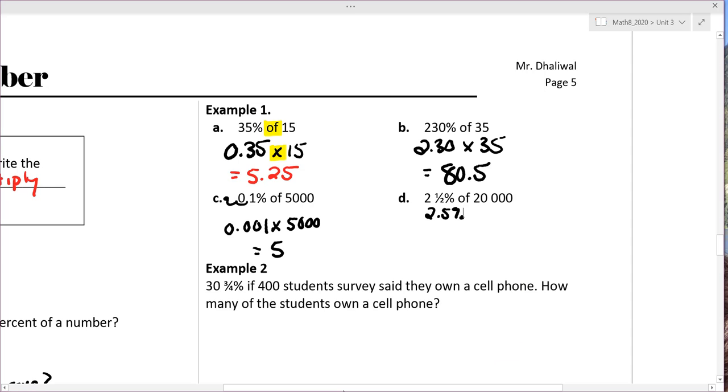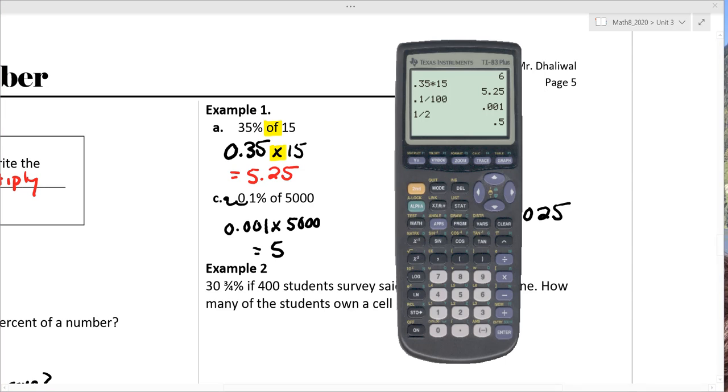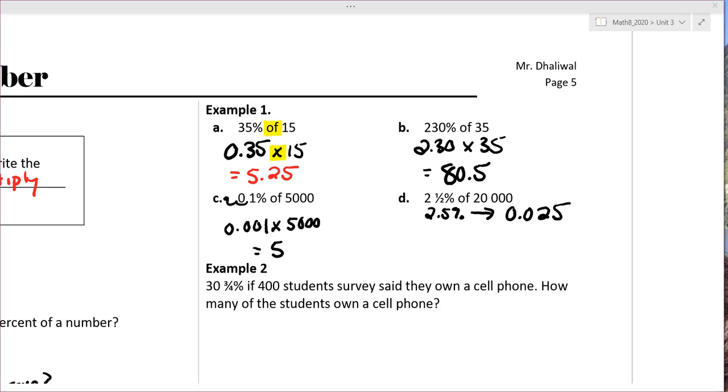So what's 2.5% as a decimal? Right? You divide by 100, or you can try the moving the decimal trick. 0.25? 0.025. Right? 2.5 divided by 100. Right?